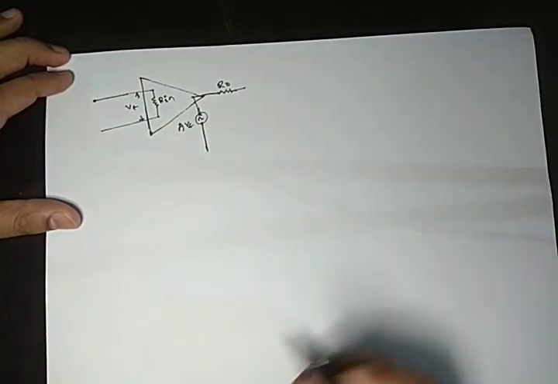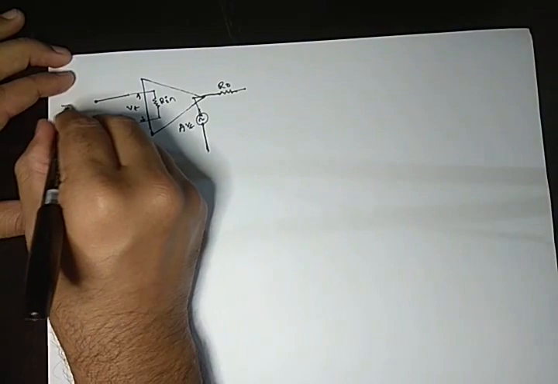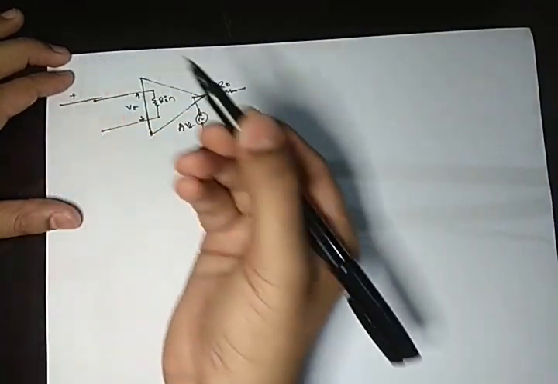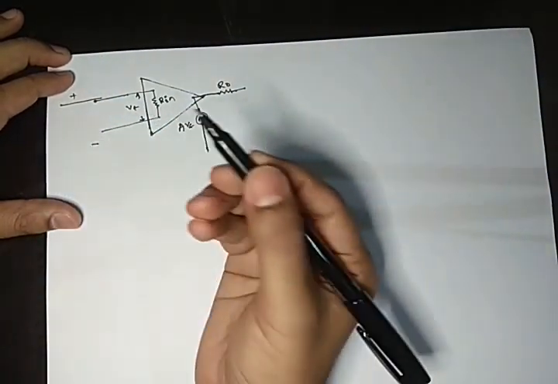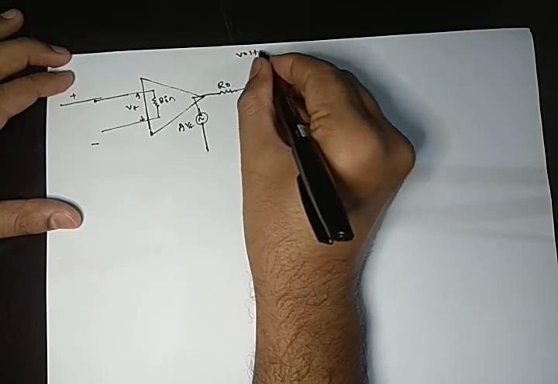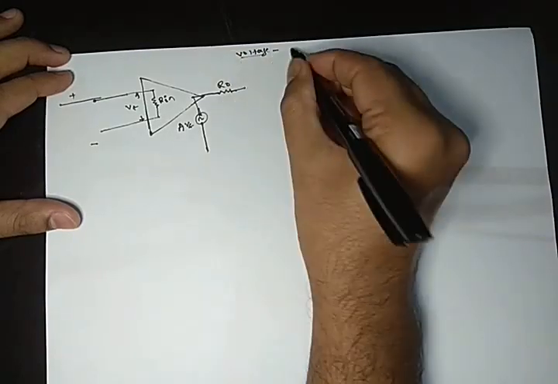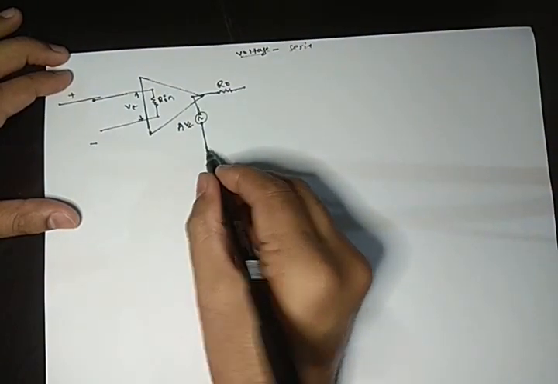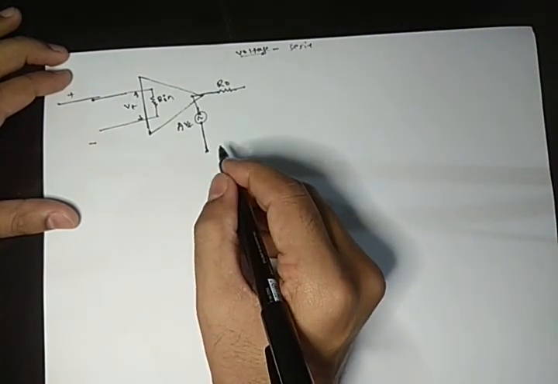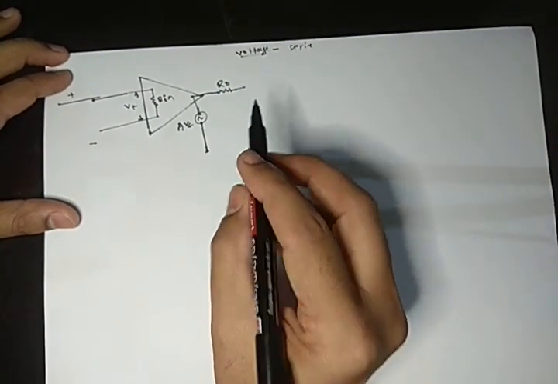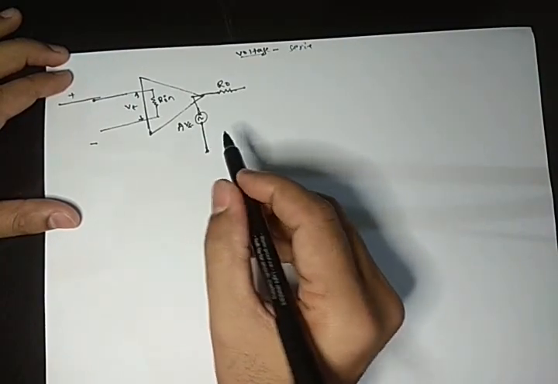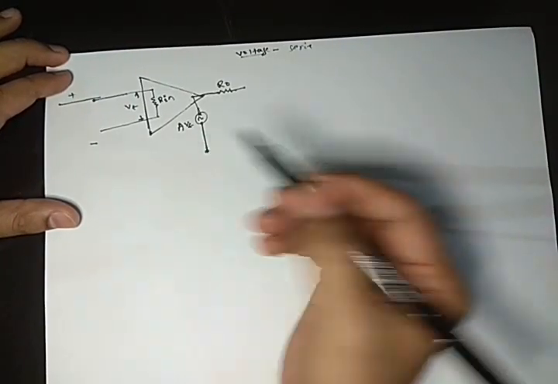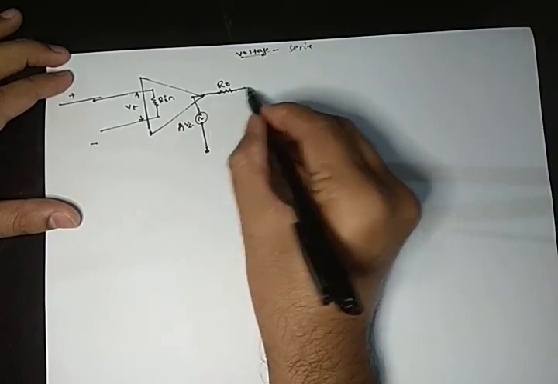And this is your positive terminal, this is your negative terminal. Now this is your voltage series. Now this voltage is V. This is the voltage and this is your R0.